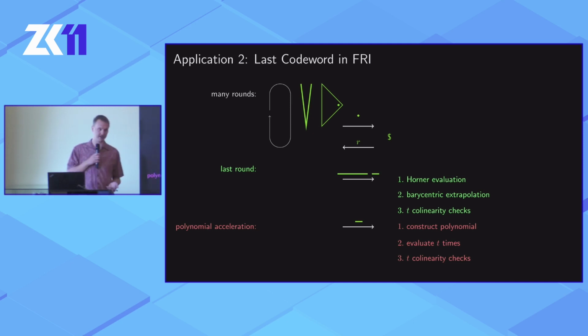And so traditionally, what I think is the fastest way is for the prover to send both the last code word and the polynomial that interpolates through it. And then the verifier uses Horner evaluation to evaluate the polynomial in a random point, uses barycentric extrapolation to interpolate and then re-evaluate the code word in a random point. And then he checks that those 2 points are the same, and the verifier needs to do T collinearity checks.